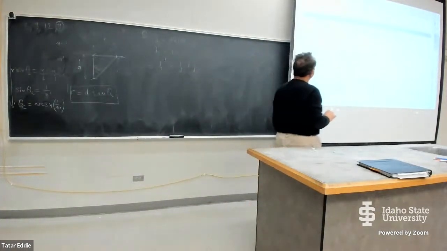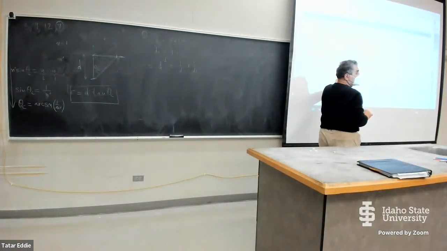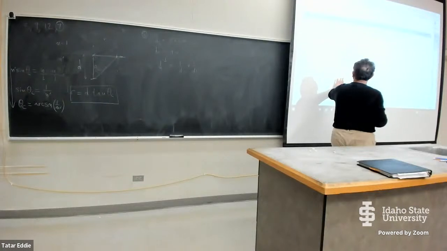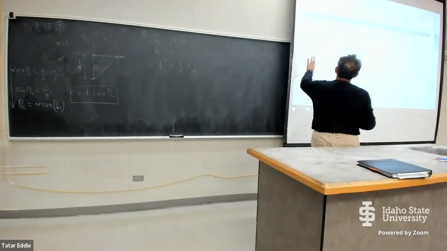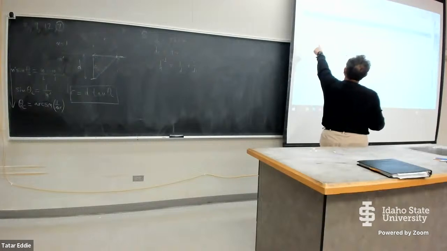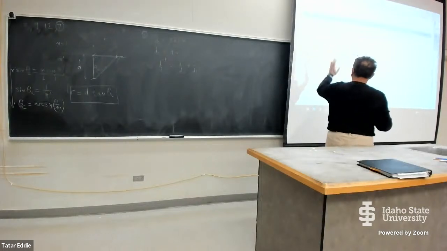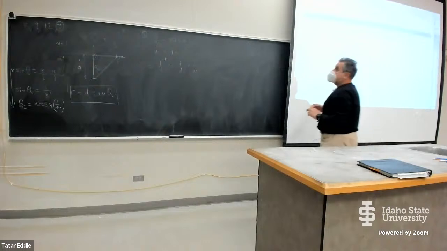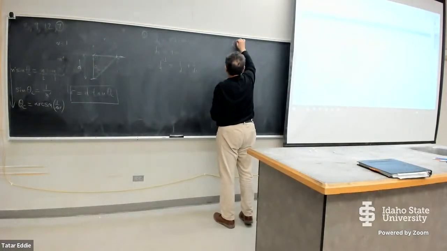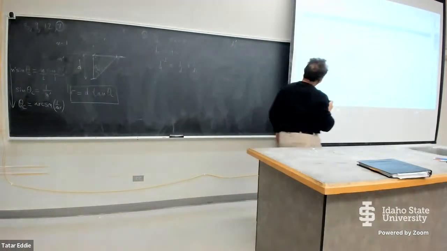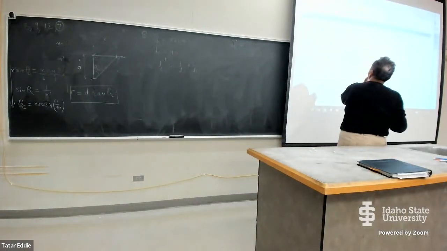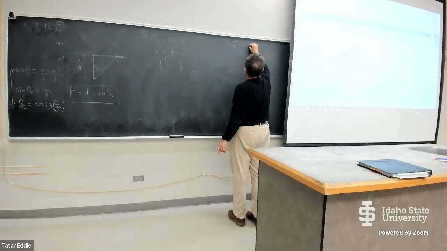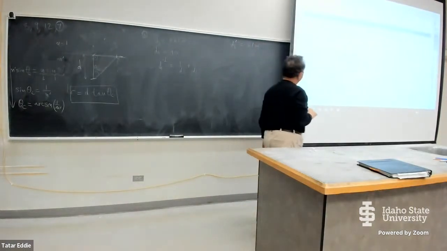Once you have the focal length, here is the same lens used in a projector. You want to form the image on the screen. So now you have a different DI prime. They say the distance between the lens and the screen where the image is formed is 6.1 meters for my version of the problem.